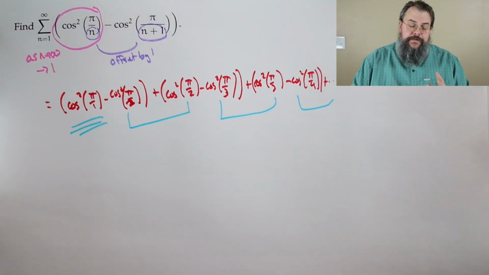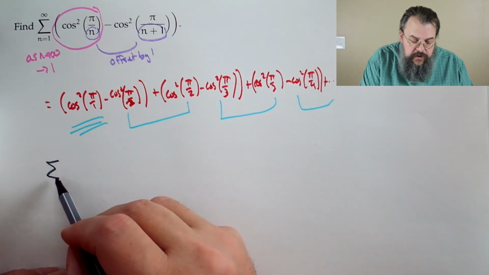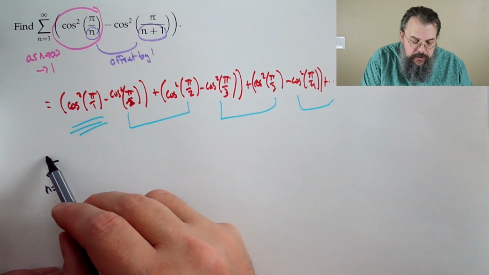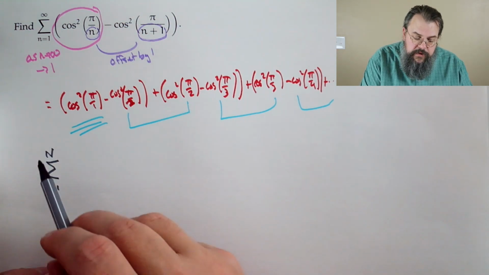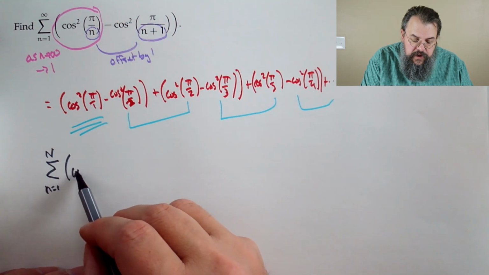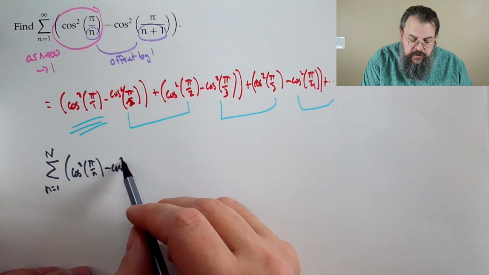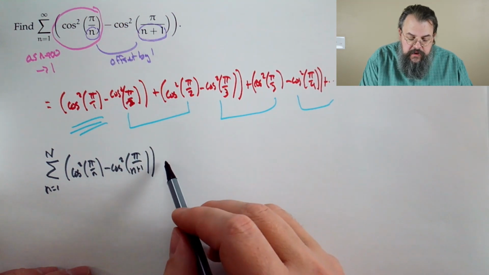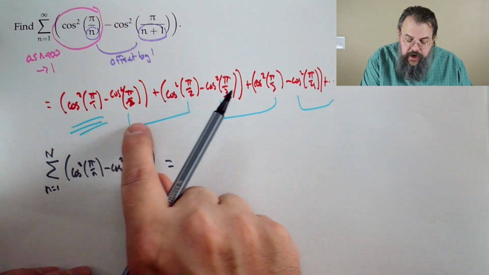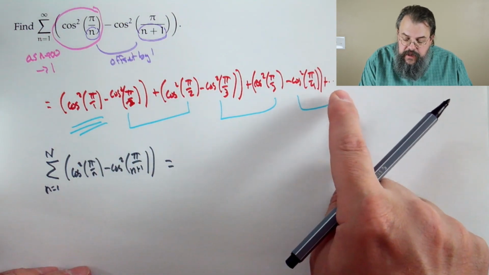Here's how you're careful. You think about what a series is. We can't do infinitely many terms, so we'll do finitely many terms. So you do a sum from 1 up to some point of cosine squared of pi over n minus cosine squared of pi over n plus 1. You write it out, same as before, except it doesn't go dot, dot, dot forever.